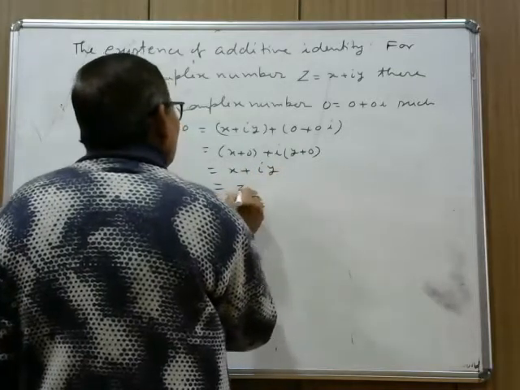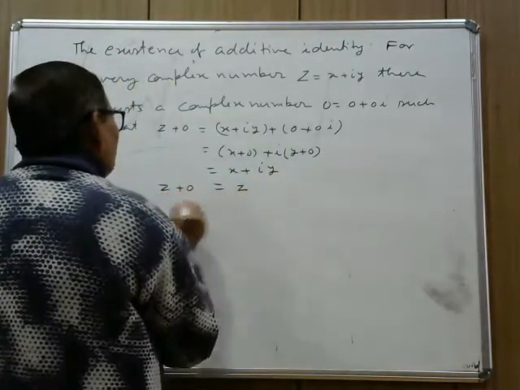This is equal to z. So z plus 0 equals z.